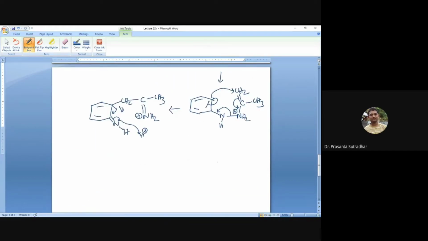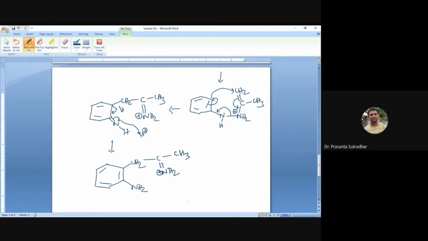Now this ring will convert into an aromatic one, so it will become NH2, it will become CH2, and this is CH3 and double bond NH2 positive.